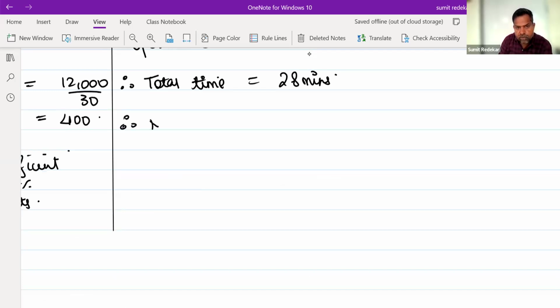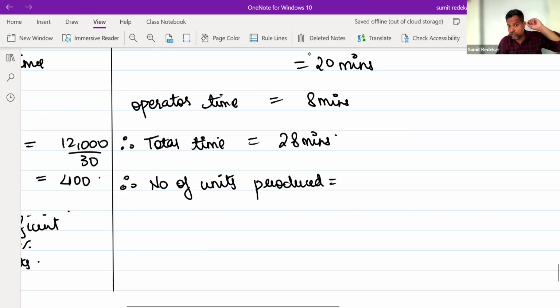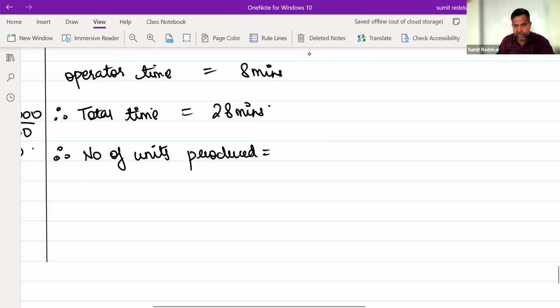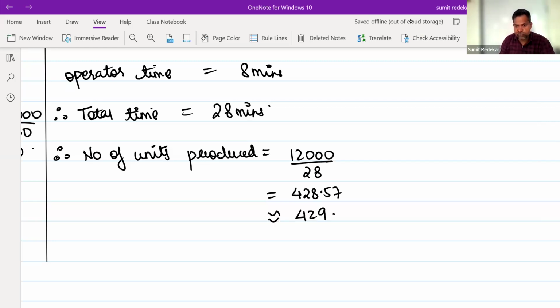Therefore, number of units reduced is 12,000 divided by 28, which is 428.57. That's approximately 429 units.